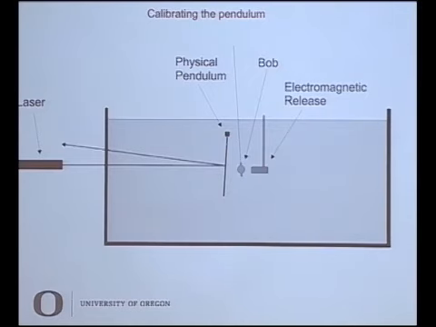Now, of course, the difficulty of that is that the plate is big, the ring is expanding, it's in a viscous fluid, there's added mass, there's all sorts of complications. So is there any simple way to calibrate the pendulum?